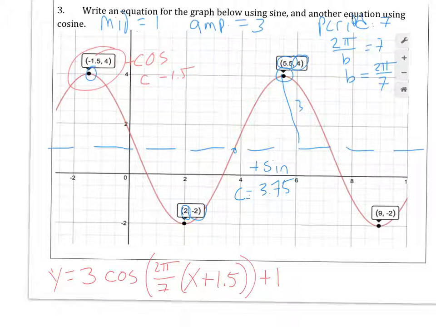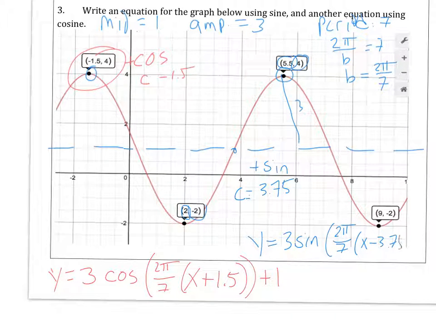I don't love that, but that's the best I can do based on the points that I so kindly gave you. That might look like y is equal to 3 sine of 2 pi over 7 times the quantity x minus 3.75, and that's plus 1. You're welcome for that lovely number.